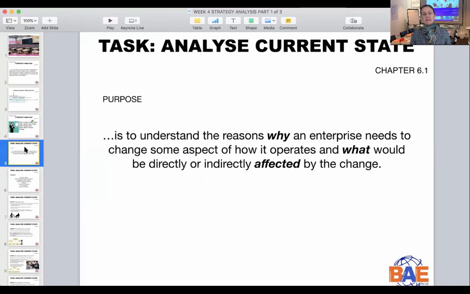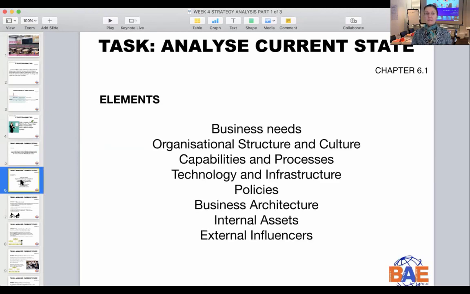The purpose of analyzing the current state is to understand the reasons why an enterprise needs to change some aspect of how it operates and what would be directly or indirectly affected by this change. If we delve into the elements of this task, it will give us a lot of insight as to what are all the different aspects that we need to look at when we do a current state analysis.